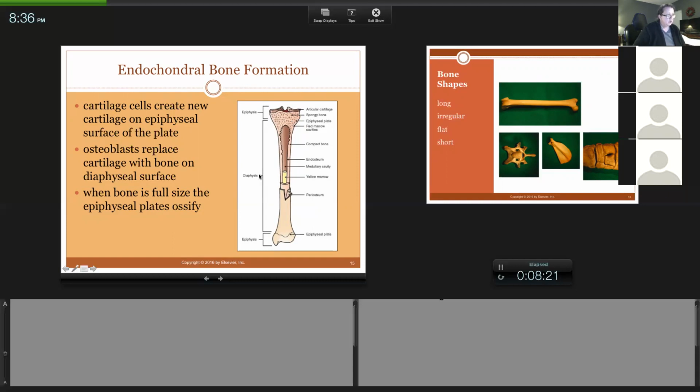And just to review, since this picture, I talked about what is another name for a joint surface and what covers the joint. Anything that is within a joint is called the articular surface.